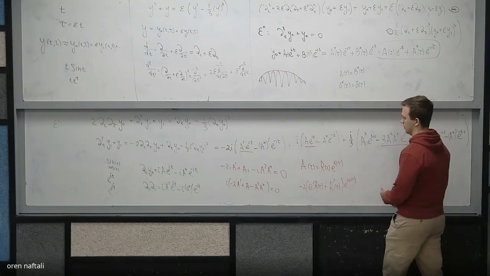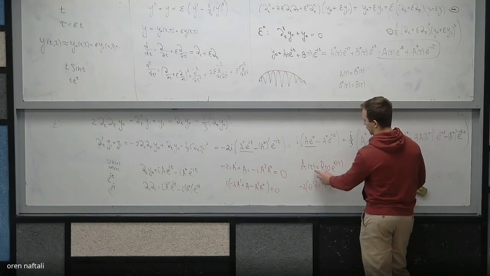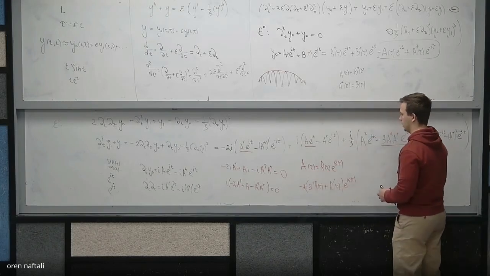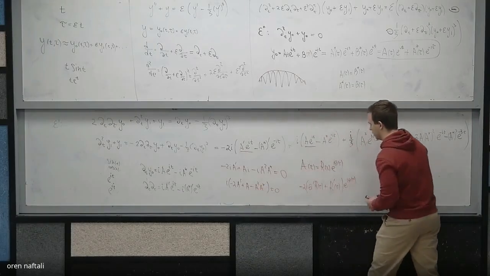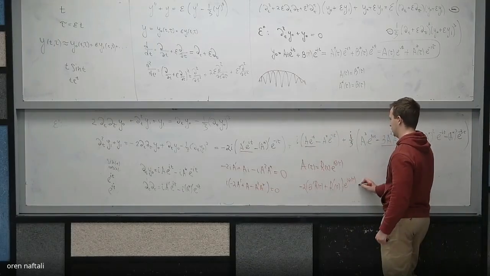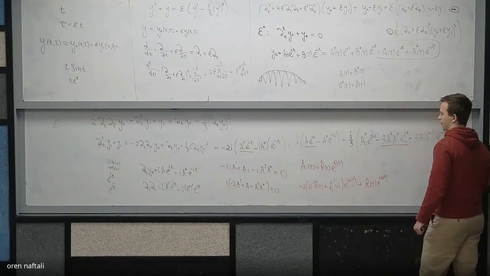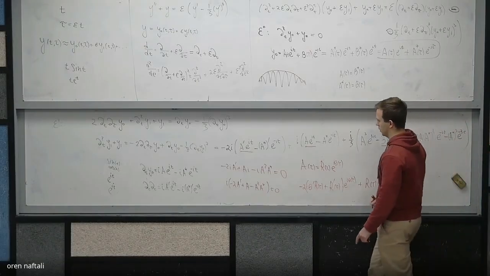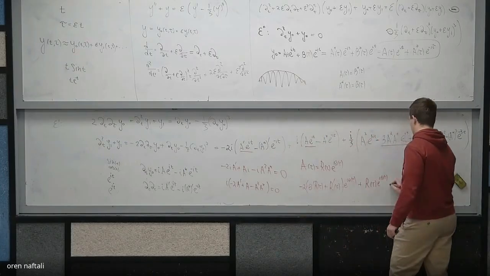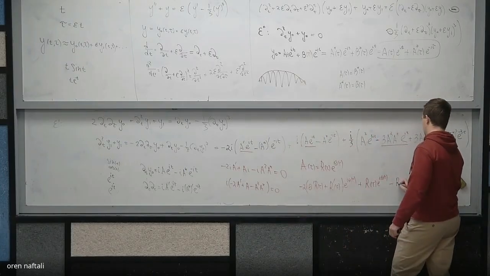That's how I calculate the derivative of this. Okay, but then I have also this and this. So it's plus r of tau times e to the i delta of tau. And this one is minus r cubed of tau e to the i delta of tau.